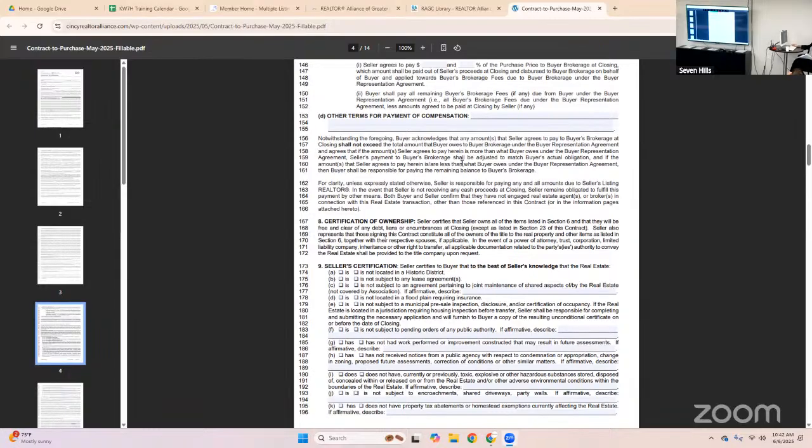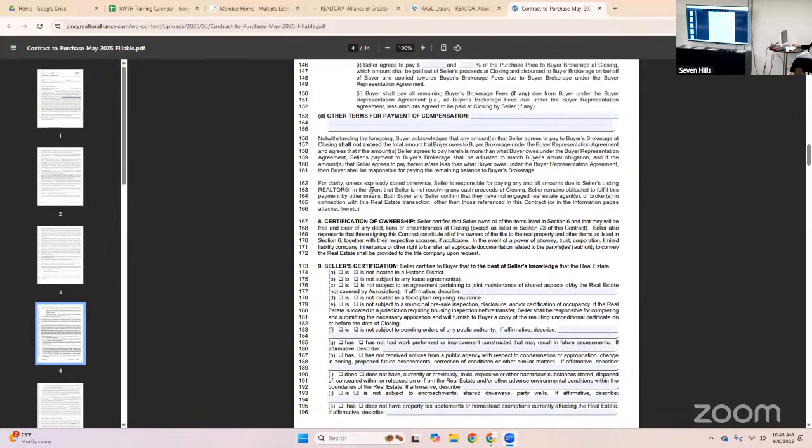So, let's see, and agrees that if the amount on line 158, seller agrees to pay herein is more than what buyer owes under the buyer representation agreement, seller's payment to buyer's brokerage shall be adjusted to match buyer's actual obligation, and if the amount that seller agrees to pay herein is less than what the buyer owes under the buyer representation agreement, then buyer shall be responsible for paying the remaining balance to the buyer's brokerage.